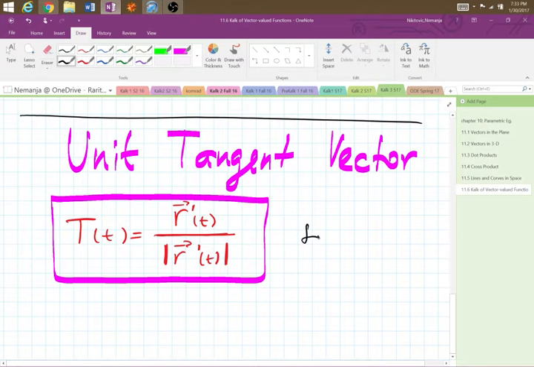For any dimension. Clearly in Calculus 3 we only worry about 2D and 3D, mainly 3D, but 2D as well. This thing will be all over the place. So this is an extremely important definition.